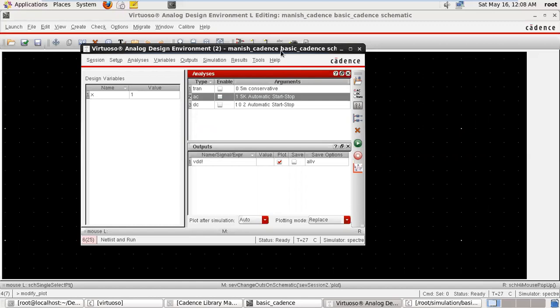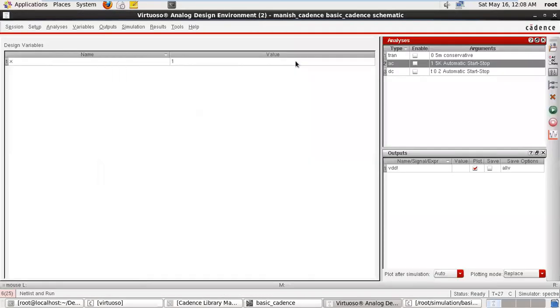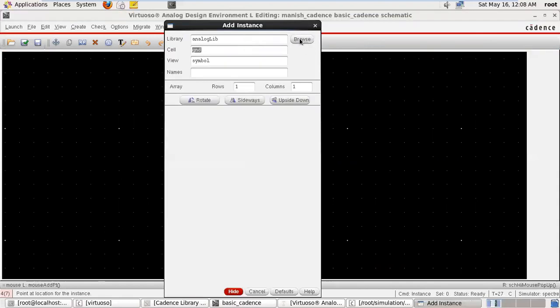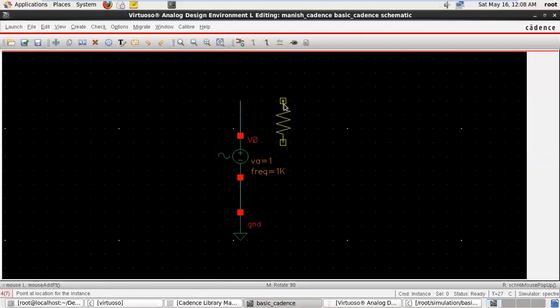Now we are going to study a low pass filter. So just come to the main window and delete this VDD. We require a resistance and a capacitance. From the analog library, we select a resistance, just R. You can use the R key to rotate the resistance. This resistance R is 1K.